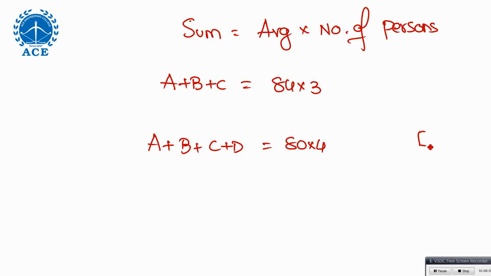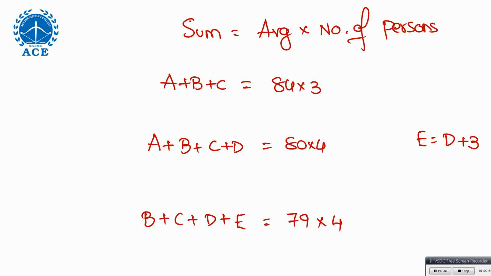And they said E is 3 kg more than D. Then the average of B, C, D, E is 79 into 4. Why into 4? We are taking the sum. Average is 79, sum must be average into number of persons.